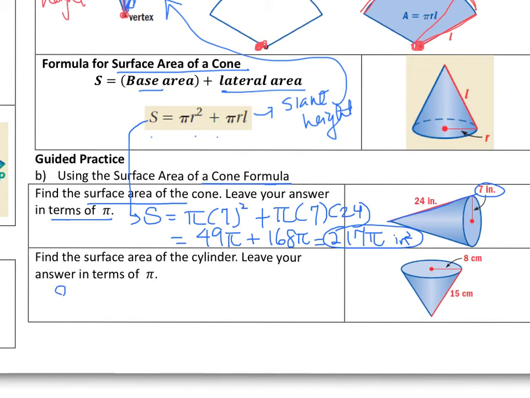Okay, one more. Surface area, again, is pi, radius 8 squared, plus pi, radius 8, slant height 15.